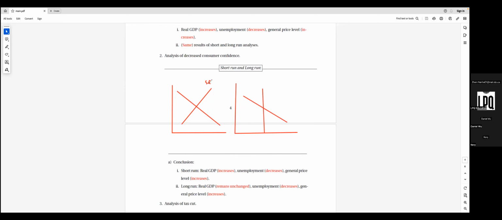So short run AS and AD, and long run AS and AD. But you still need to add real GDP here, real GDP here, and price level.